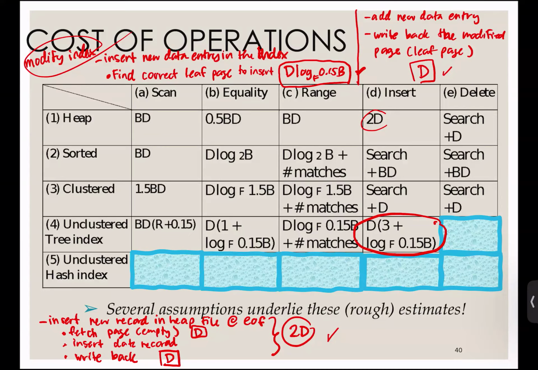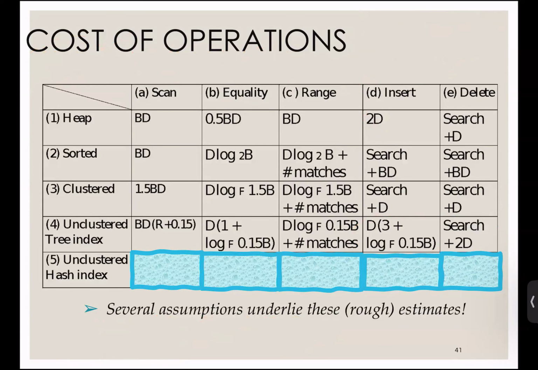Now the last part is deletion. To delete something, we cannot take things from the heap file right away because we don't know where it is. Everything is random.